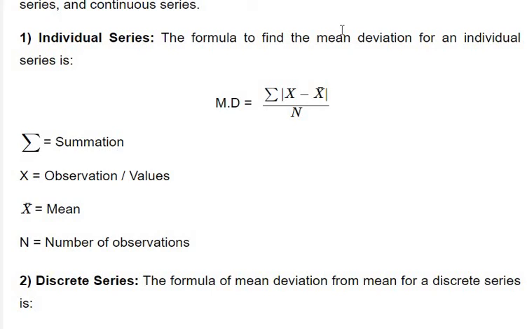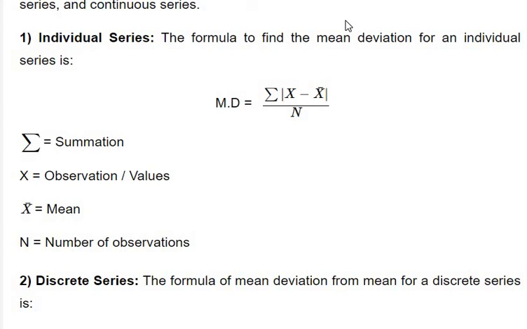We all know what is x bar. X bar is mean value or mean. How do we get this x bar? X bar is obtained by adding the magnitude of variables divided by n. Now what is this n? N is the number of observation.